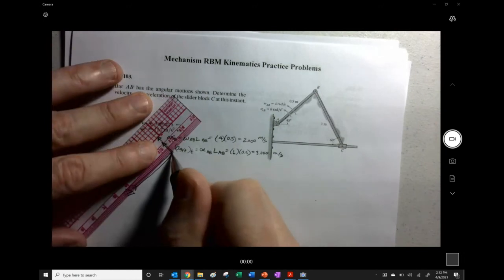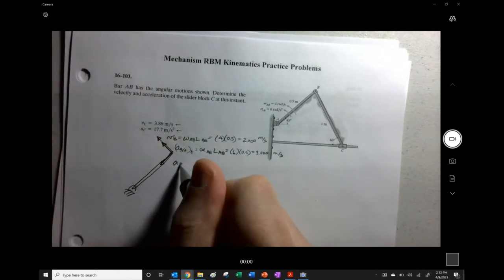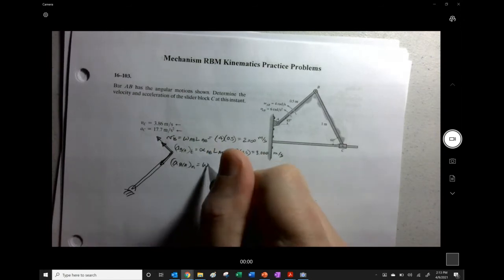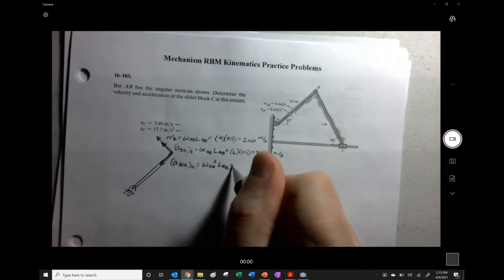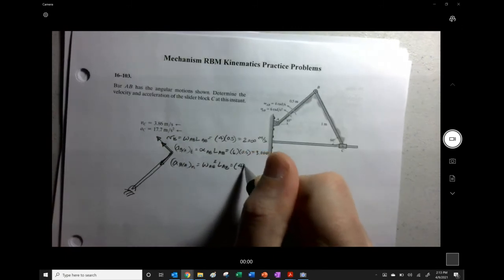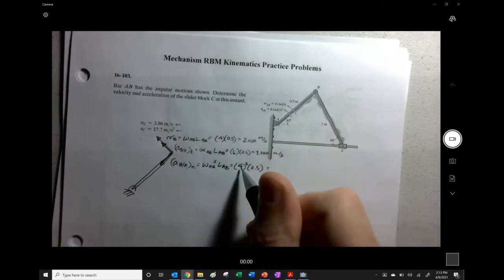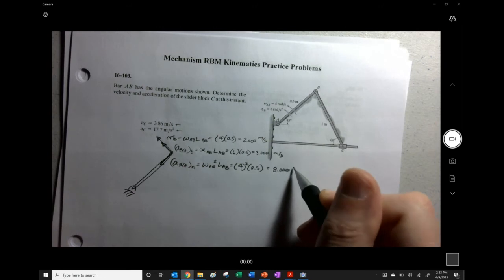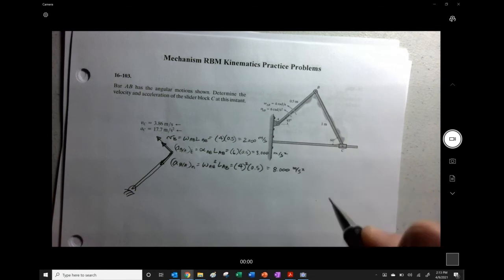We'll also have the acceleration of B with respect to A in the normal direction, which is omega AB squared times L AB, or 4 squared times 0.5, that's 8. I could do all this in my head. Oh man, that was supposed to be squared, for my units.